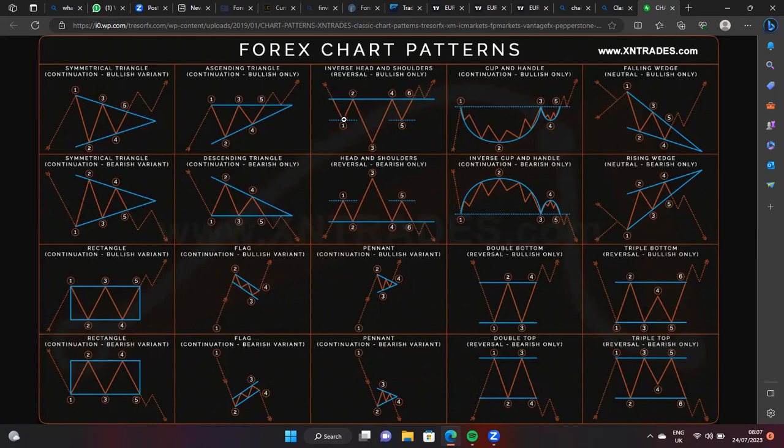This is a low, this is a high, this is a low. This particular low should not be above this low. This low should probably be around this place. Let me go back to the chart and explain what I mean by that.